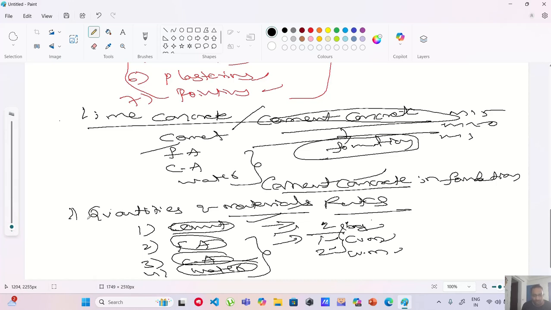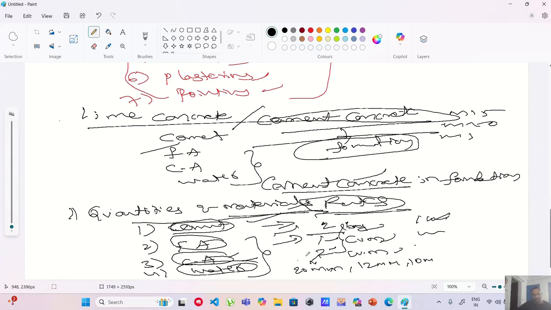Is it enough? No, quantities of materials along with rates also. For 2 bags cost, the single bag cost is available, and 1 cubic meter of fine aggregate cost is also available, and 1 cubic meter of coarse aggregate cost is also available. Here, coarse aggregate may be 20 mm, 10 mm, 12 mm, whatever it may be.